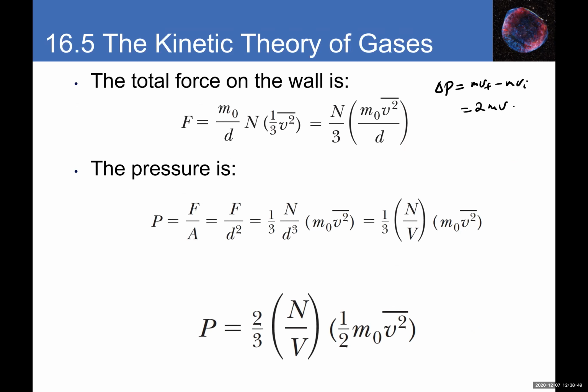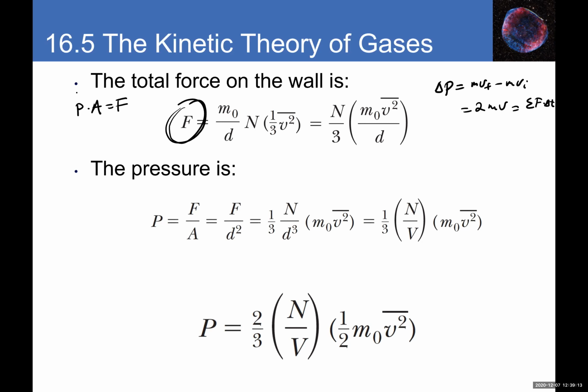Then remember, the change in momentum is also equal to the net force times delta t. So that means you have introduction of the force, the mass, and everything together. But I'm not going to go too much into the derivation of this kinetic theory of gas. The idea here is that when we plug everything together, this force can be related to pressure times area.